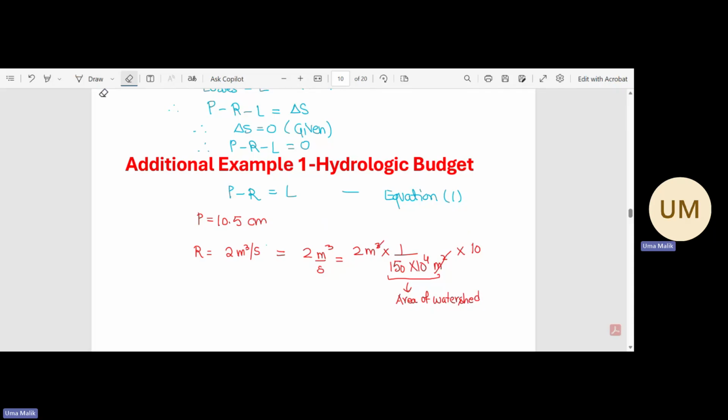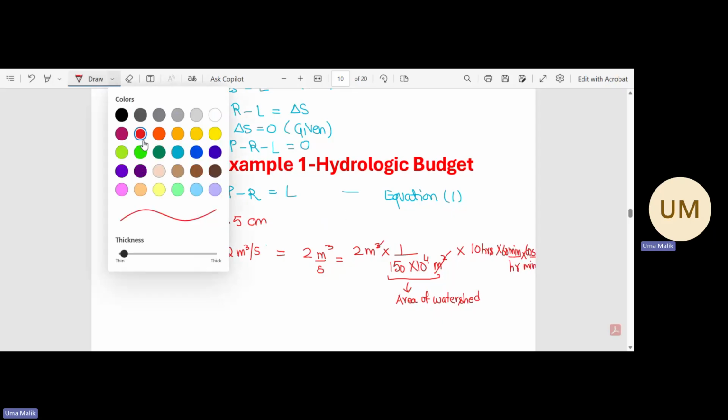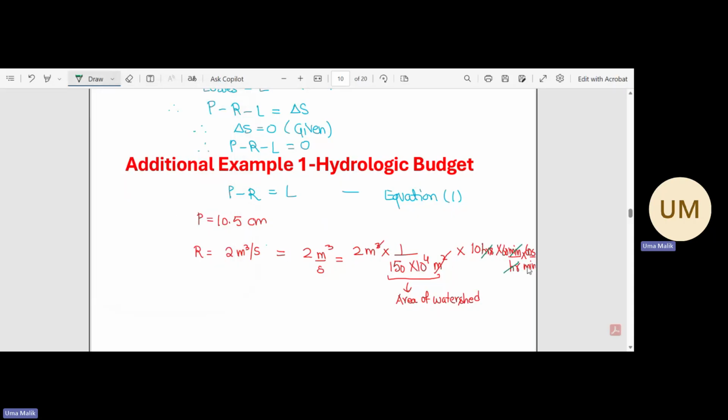So we have 10 hours. And what is 1 hour? 1 hour is 60 minutes, multiplied by 60 seconds in a minute, right? So I can cancel this out: hour cancelled with hour, minute with minute, and second with second.